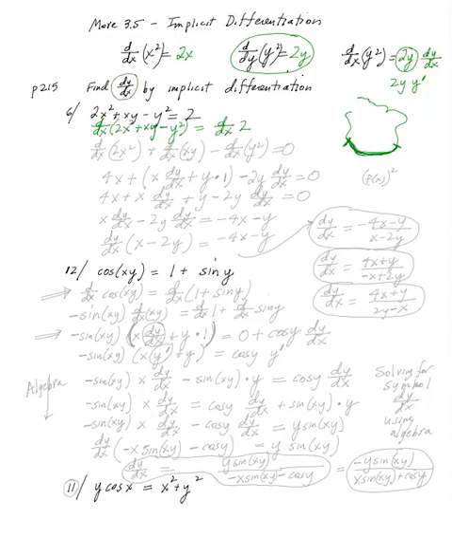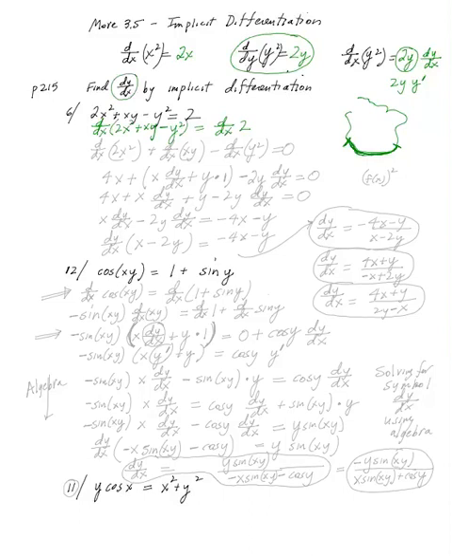This tells me that y is the dependent variable, x is the independent variable. I want to take derivatives of both sides with respect to x. And when I use implicit differentiation, my mindset has got to be y is implicitly a function of x.